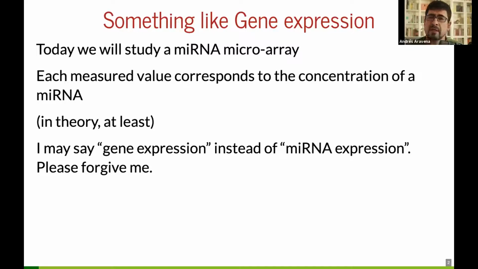In theory, that corresponds to the concentration. When we talk about normalization, you will see that that is not necessarily the case. But in principle, a bigger number means higher concentration, and a lower number means lower concentration.